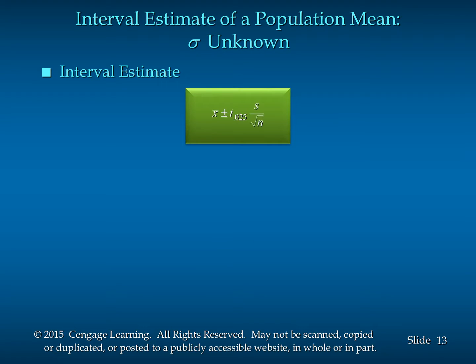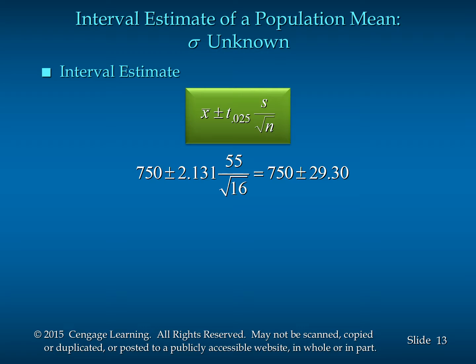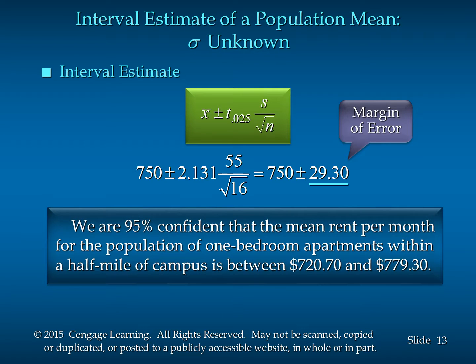Inserting values into the formula for the margin of error yields a margin of error of 29.3. Therefore, we are 95% confident that the population mean rent will be within an interval of 750 plus or minus 29.3.